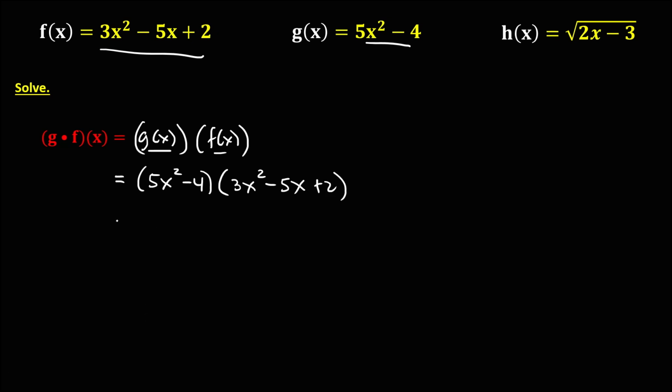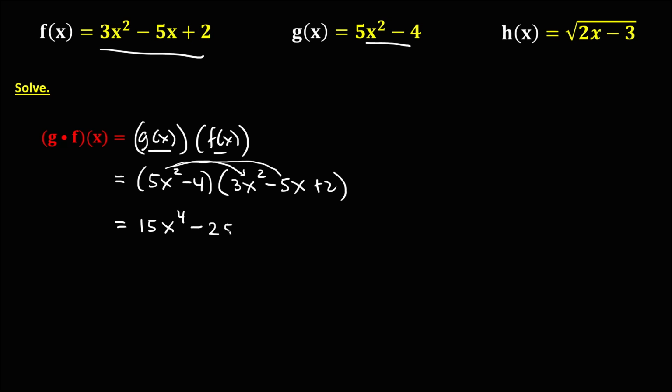Then we can apply now the distributive property. So 5x squared times 3x squared is 15, then x to the power 4. So add the exponents.